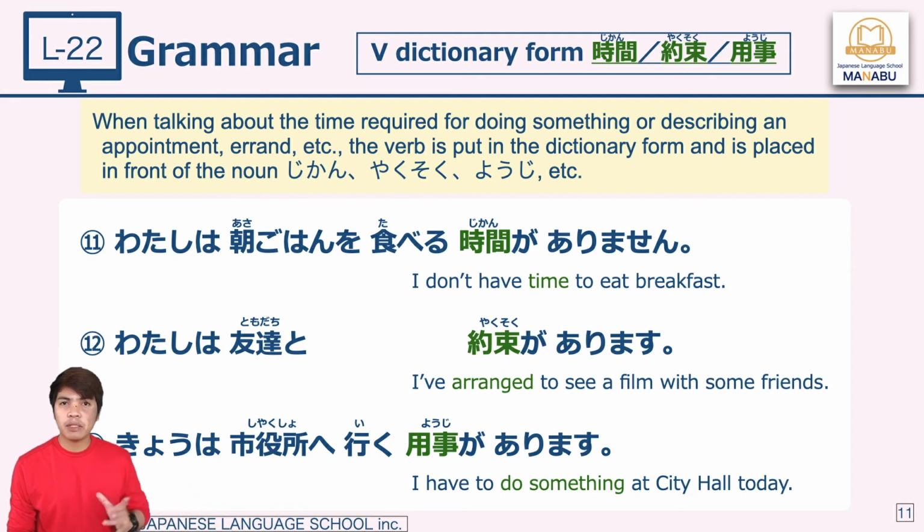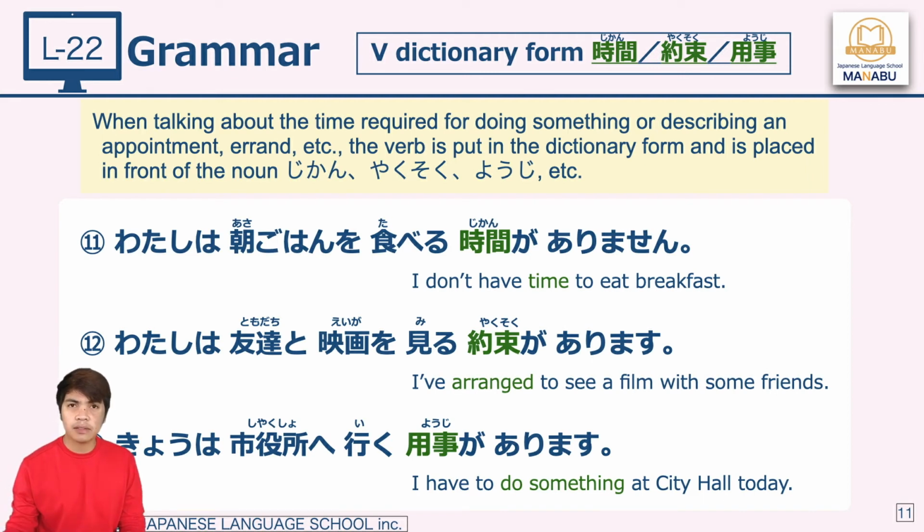I have an appointment with my friend. So what kind of appointment? Eiga o miru, from the verb mimasu, to watch a movie. Eiga o miru yakusoku ga arimasu. So I have a promise, or I have something to do. Tomodachi to eiga o miru yakusoku ga arimasu.